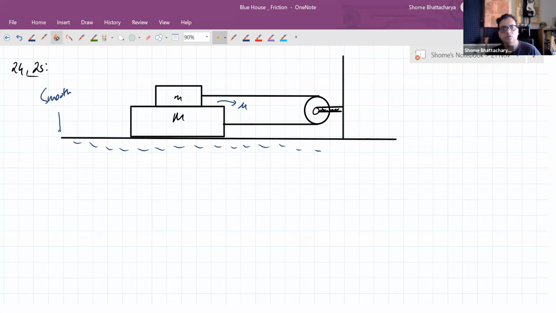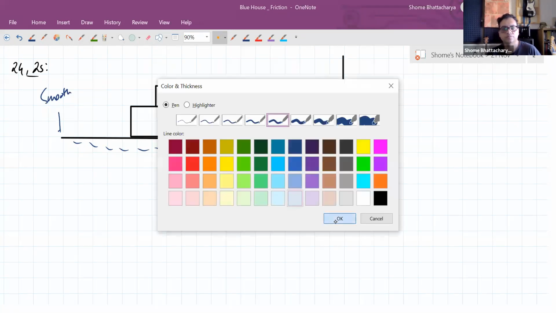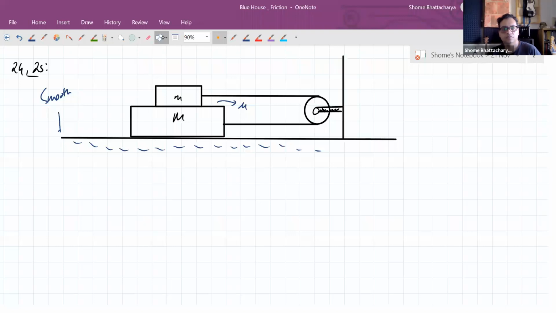Now we start pulling on this block with some force F. So we have to find the maximum force so that there is no slipping.